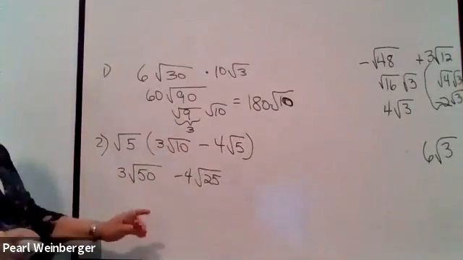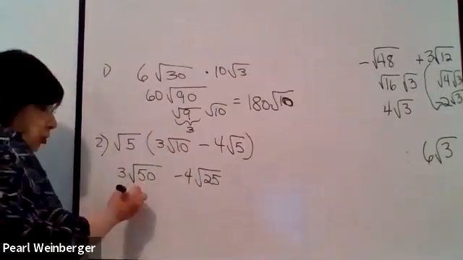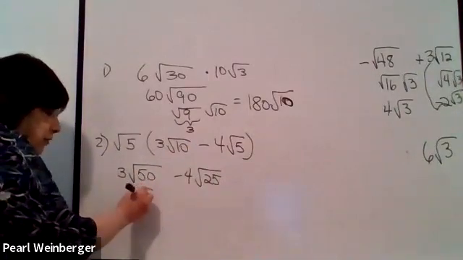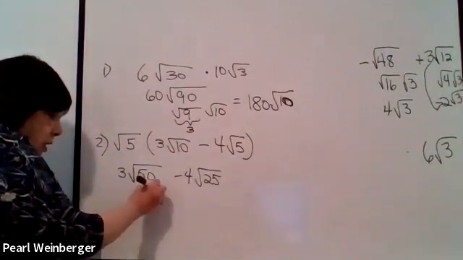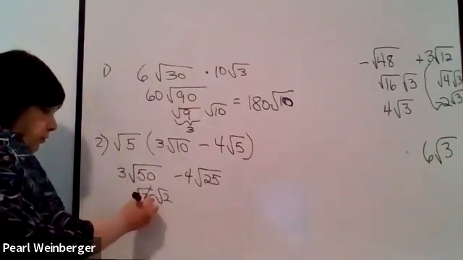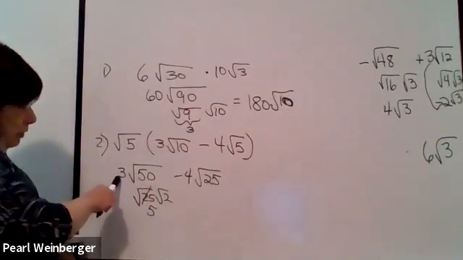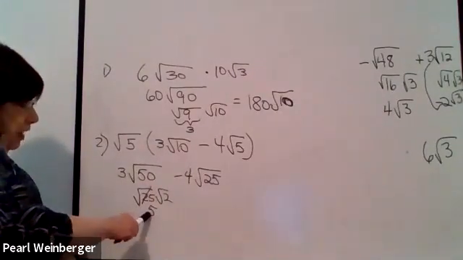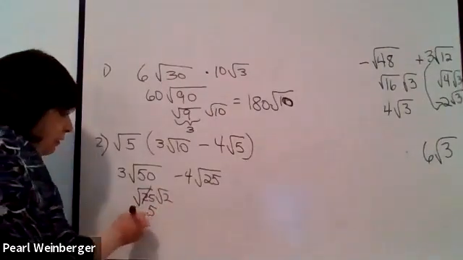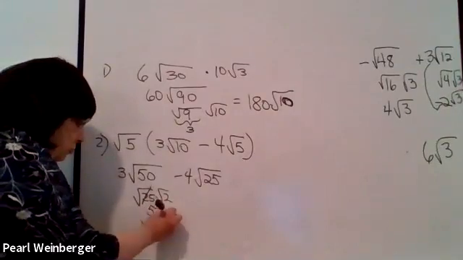And now I want to simplify them. Now the radical 50, I know I can break up into 25 and 2. And the radical 25 is 5. So I multiply this 3, which is on the outside, with the 5 that's on the outside now, and that gives me 15 radical 2.